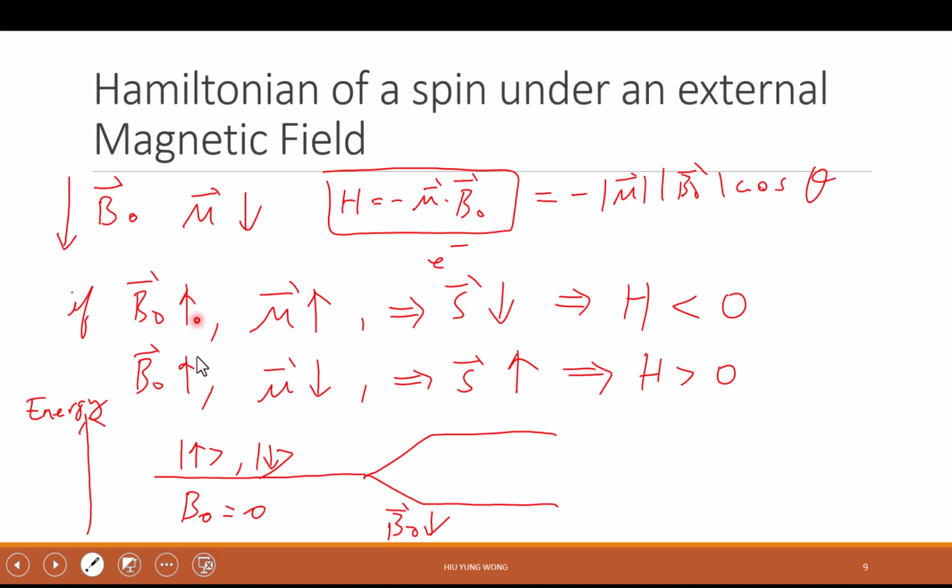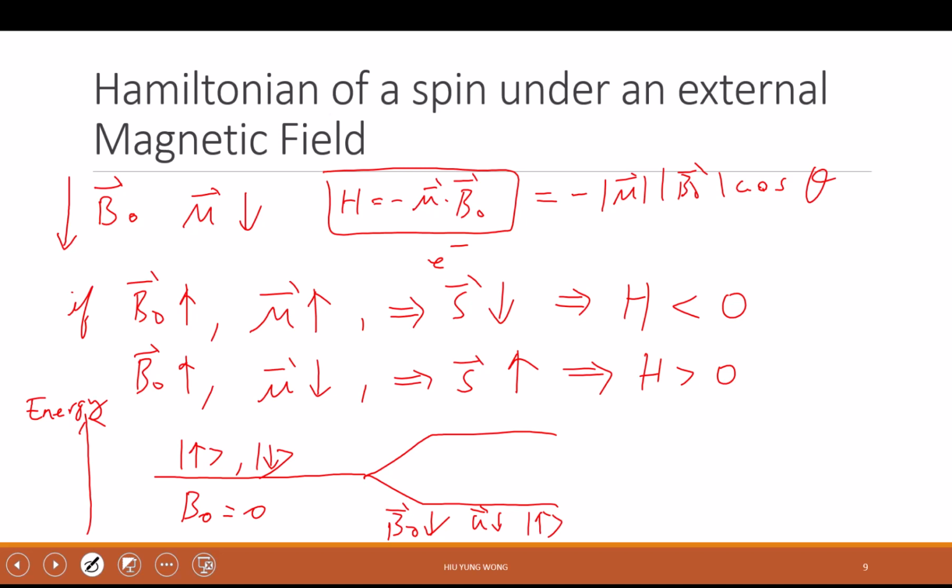The down magnetic moment will have lower energy, but then it means spin up will have a lower energy. So essentially, by applying the magnetic field, you're splitting the energy. Exactly. That is the so-called Zeeman effect, right?